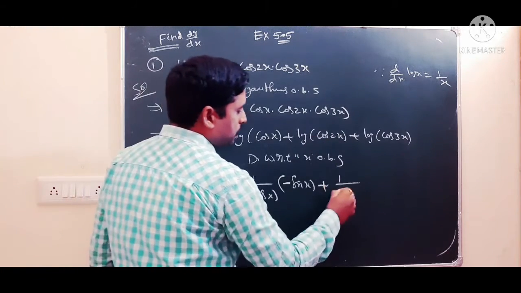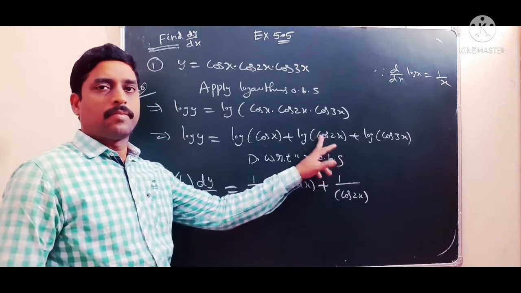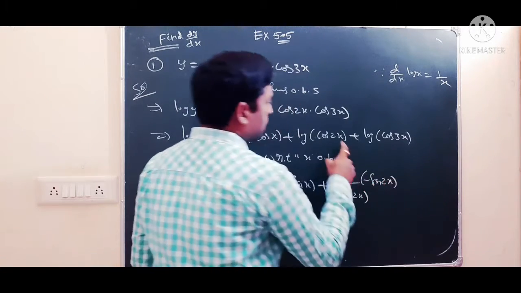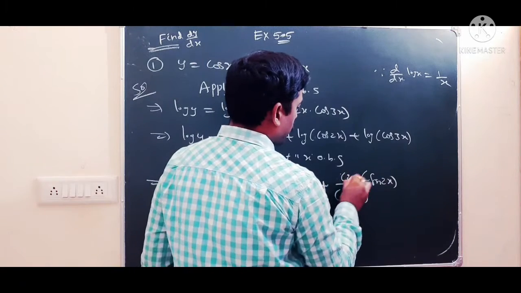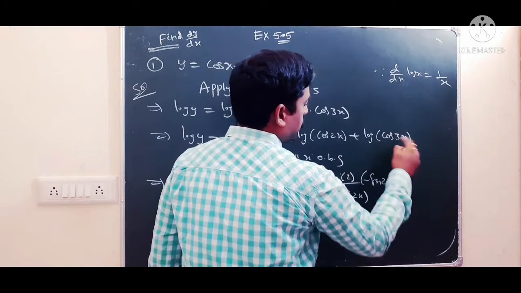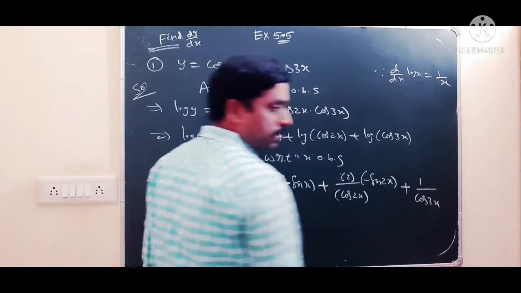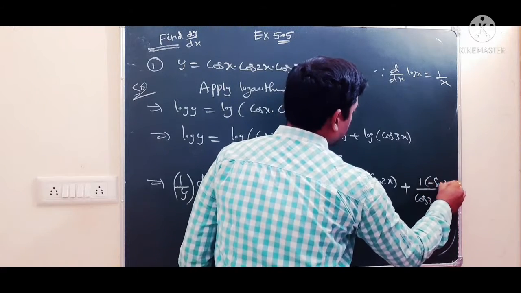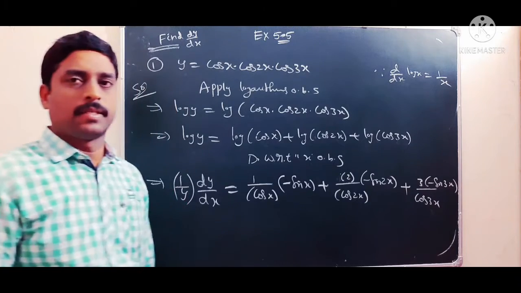Differentiation of log cos 2x is 1 by cos 2x into the differentiation of cos 2x, which is minus sin 2x into the differentiation of 2x, which is 2, plus the differentiation of log cos 3x, which is 1 by cos 3x into minus sin 3x into 3, since the differentiation of 3x is 3.